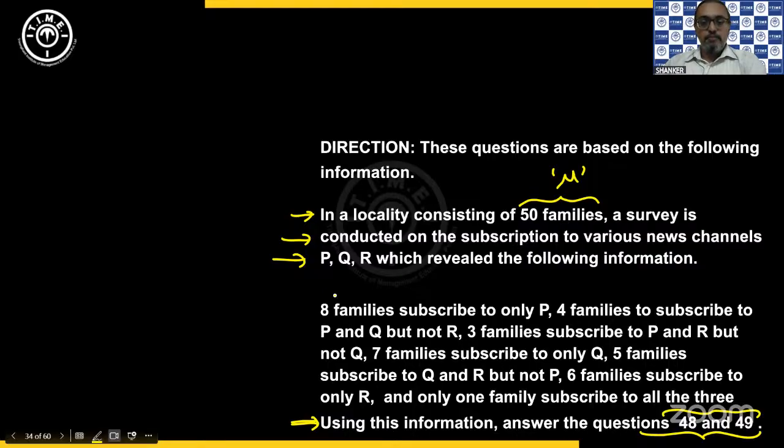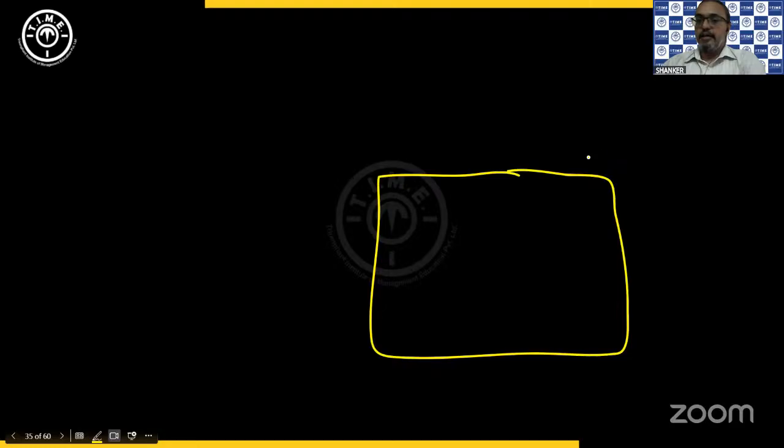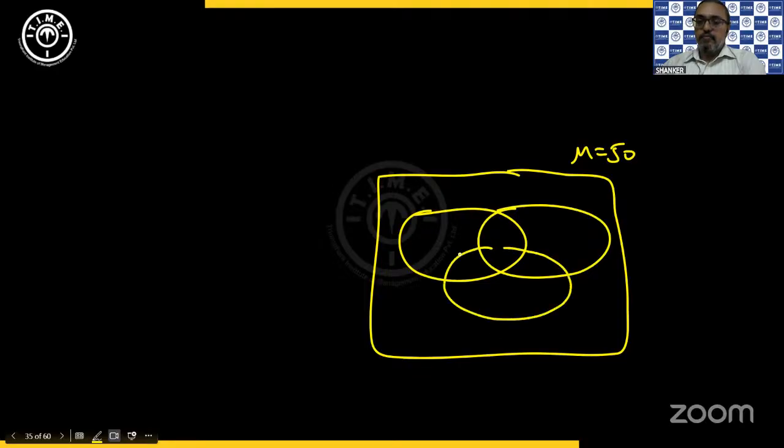I'll take the diagram so that it becomes easy to fix. So the mu value is given as 50. For P, Q, R, we know the N value, that is 16.